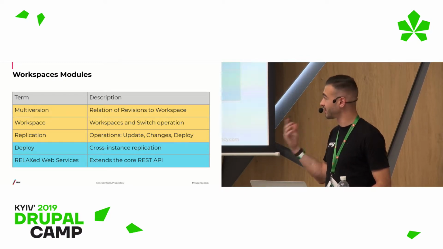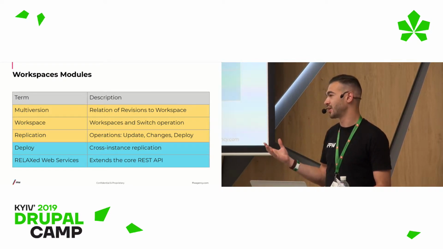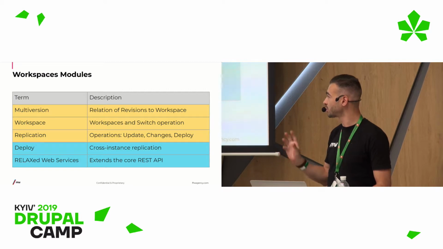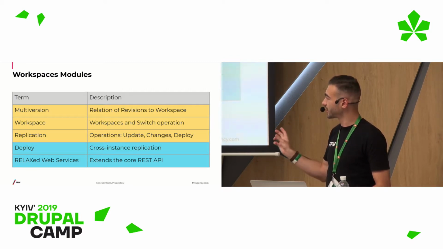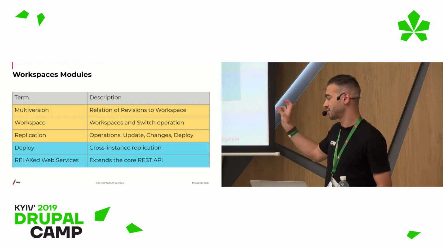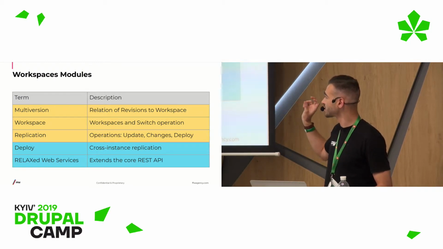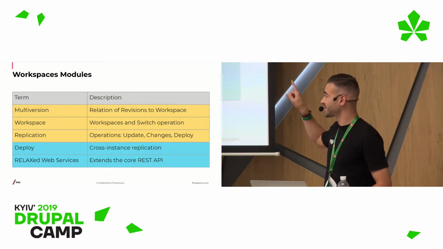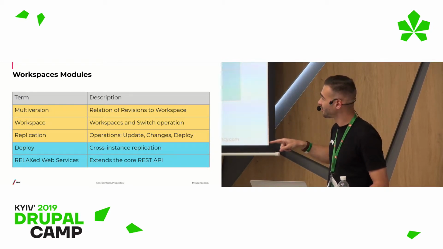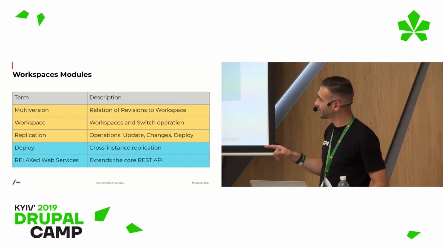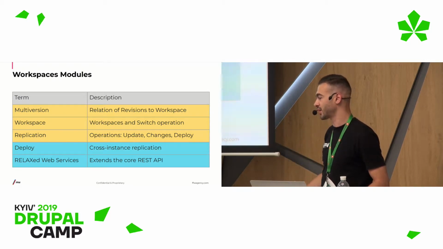Workspace provides the workspaces and the possibility to switch between them. And the replication module provides more operations like update, seeing the changes, and deploys. There are hard dependencies between them, so you will need all three modules in case you want to have it on your Drupal site.